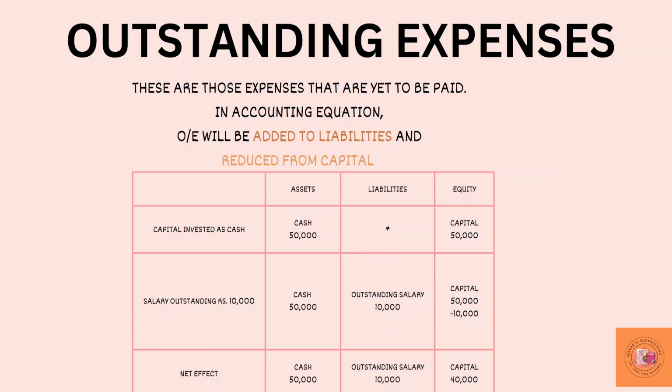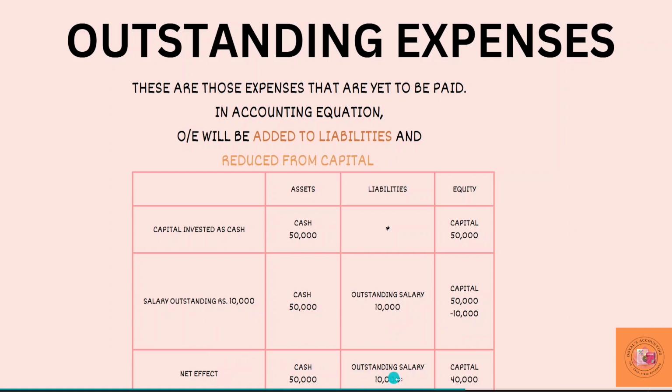We haven't yet paid this amount, so we will not deduct anything from cash. But in liabilities, we will create a new head called outstanding salary, under which we will add rupees 10,000. And in our equity, under the capital head, we will deduct this 10,000. So what will the net effect be?